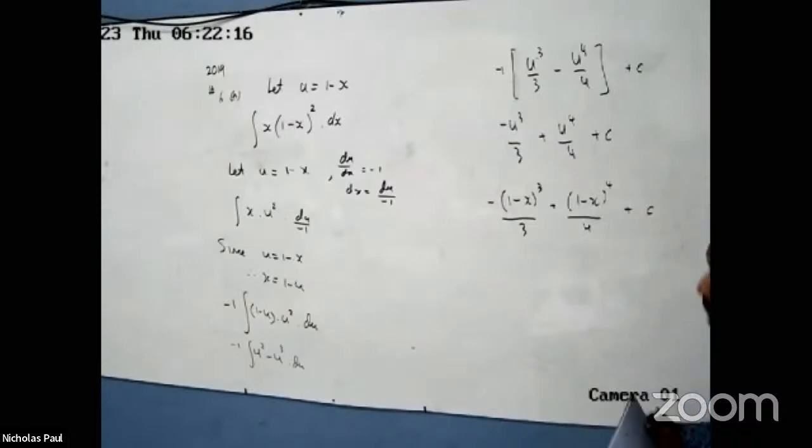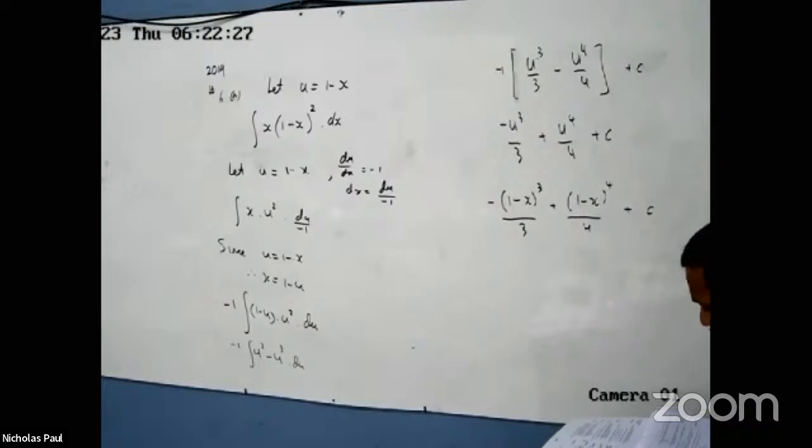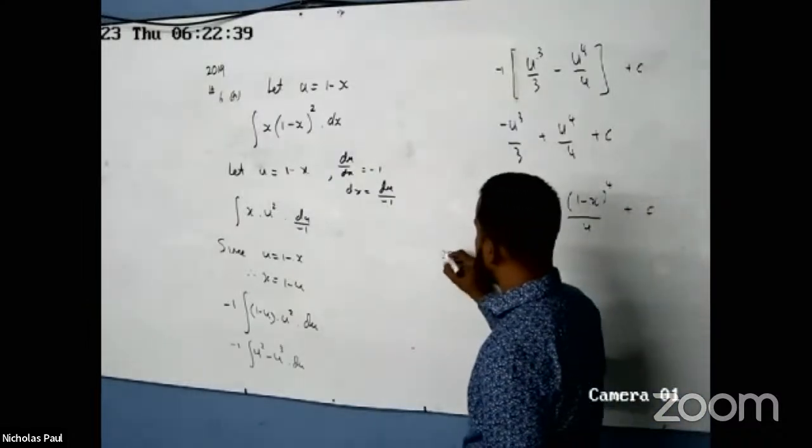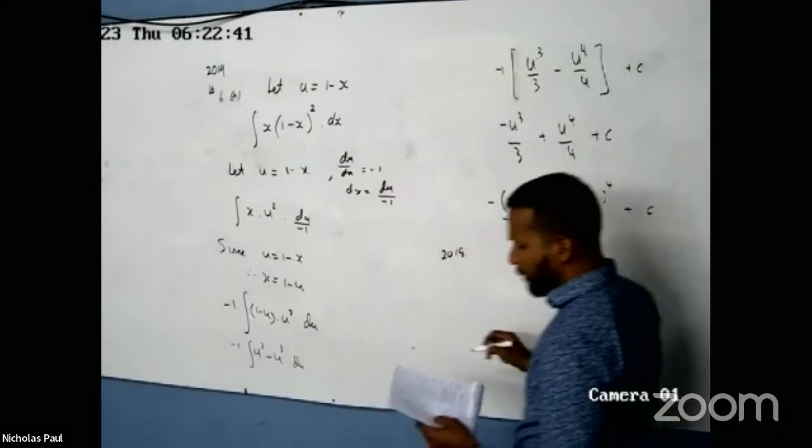Last one, right? 2018. This is the most popular. They like to bring integration by substitution, I believe. Any questions here online? Last one, let's try 2018 quick. These are worth like 6 marks.